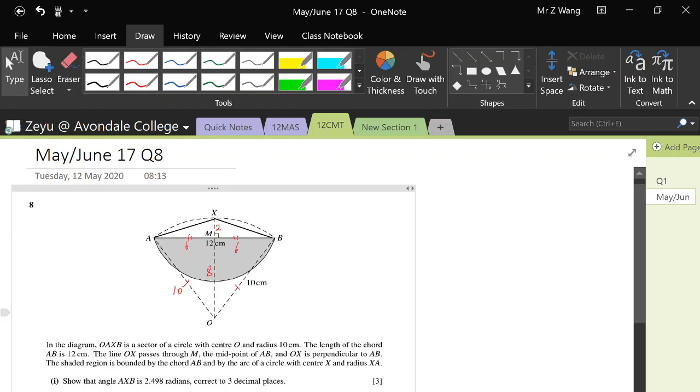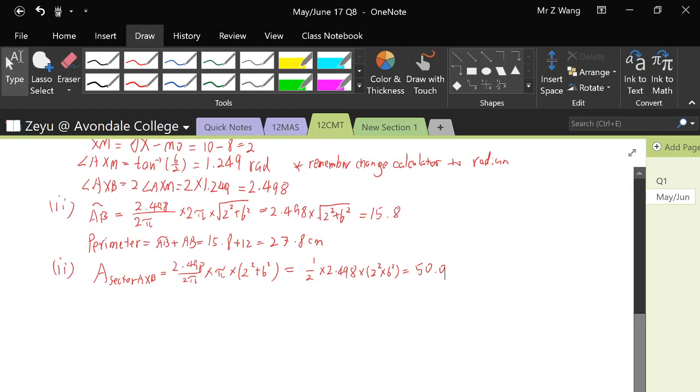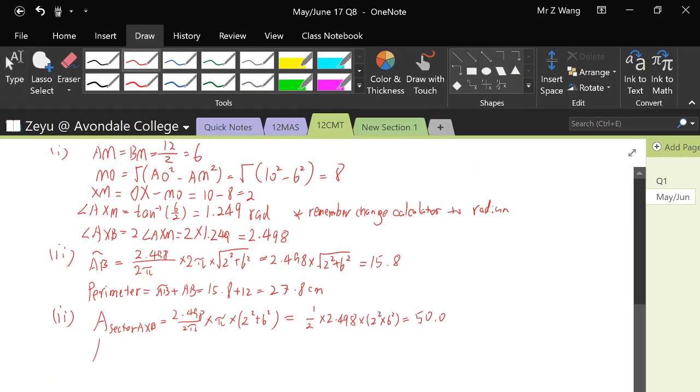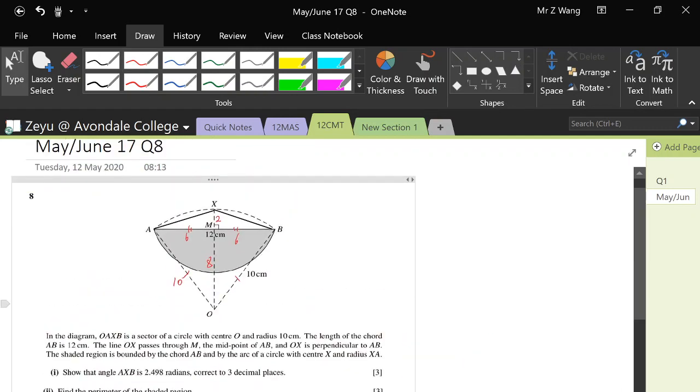There are multiple ways to work out the area of a triangle, but the standard way, I guess, is half AB sine theta. So area of triangle AXB is half AB sine theta. AB here are the two sides adjacent to the angle. Did we work out AX? Yeah.